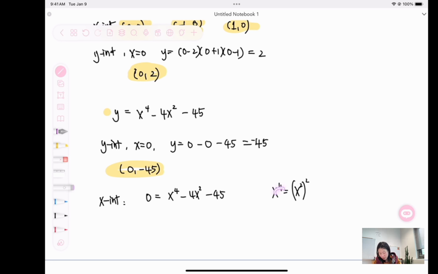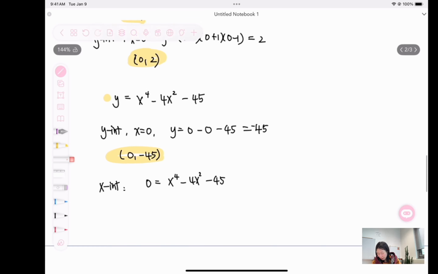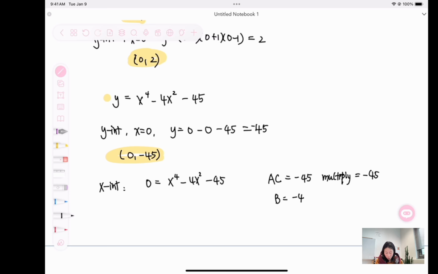Let's review the AC method. If you don't know the AC method, go ahead and use the quadratic formula, but I would like you to learn the AC method. The AC method means we want two numbers that multiply to A times C, which is 1 times negative 45, so negative 45. And the two numbers, when they add, equal B, which is negative 4.